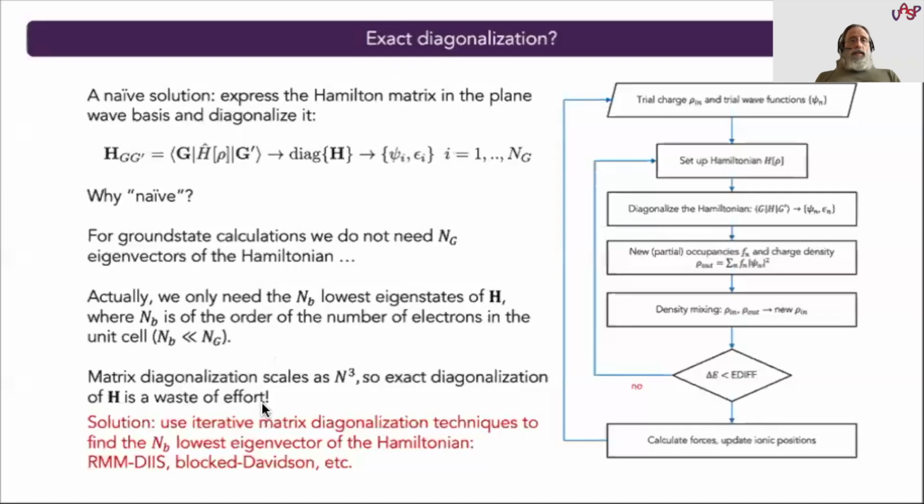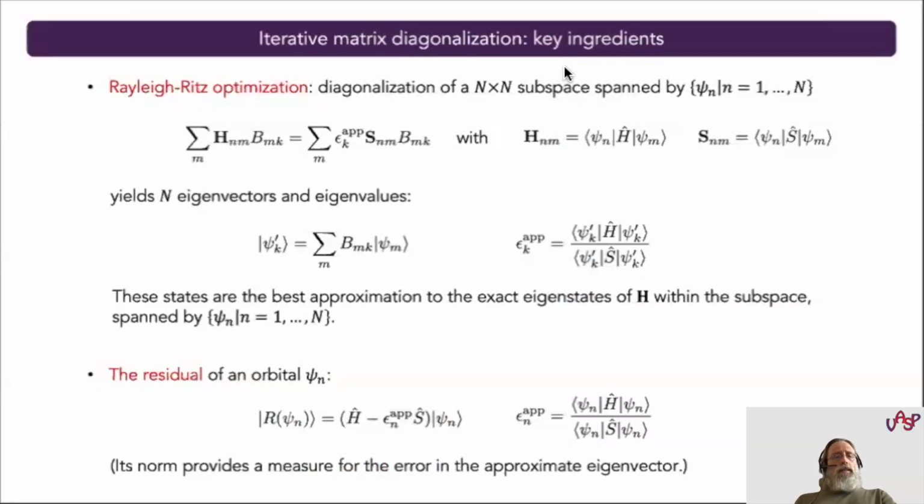Now, the way around this is to use iterative matrix diagonalization techniques that allow you to compute the lowest eigenvectors of the Hamiltonian. Those are RMM-DIIS and the block Davidson. Those are the ones that are implemented in VASP, the ones that I will discuss. Before we get to that, let's have a look at the key ingredients that are used in all iterative matrix diagonalization schemes. Those key ingredients are Rayleigh-Ritz optimization and the residual. Rayleigh-Ritz optimization is a diagonalization of an n by n subspace spanned by the current orbitals.